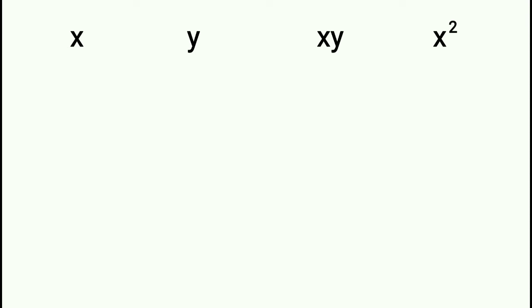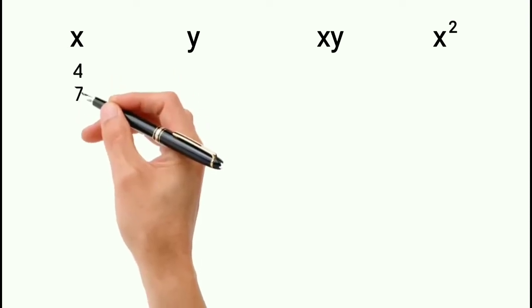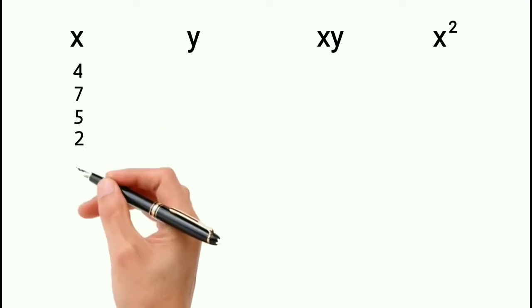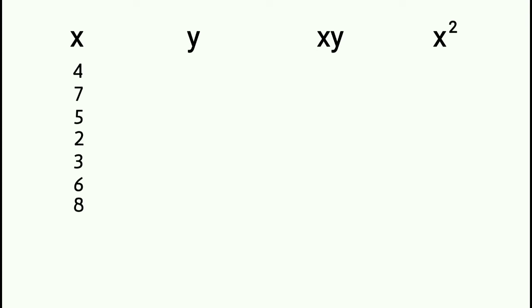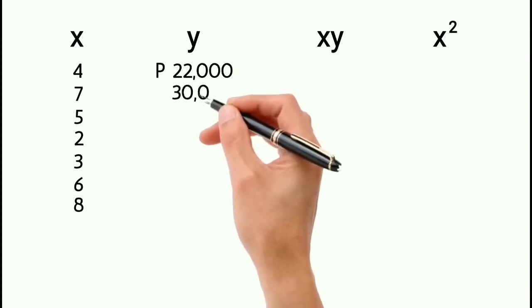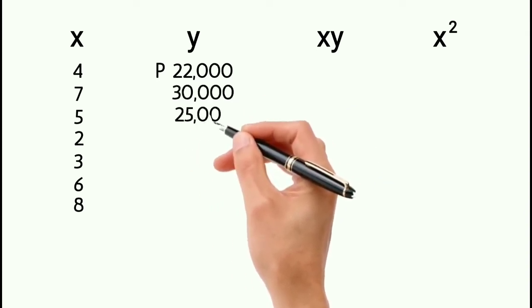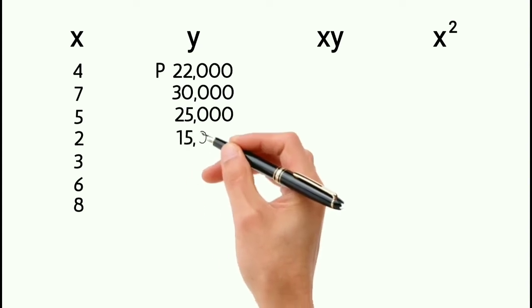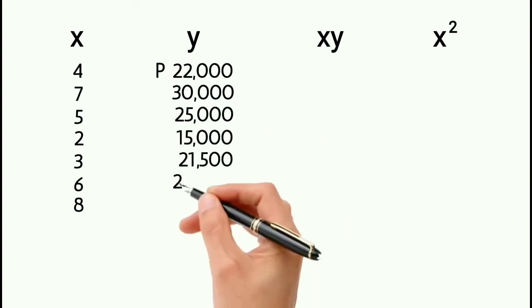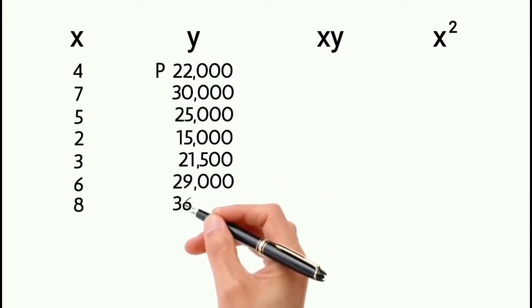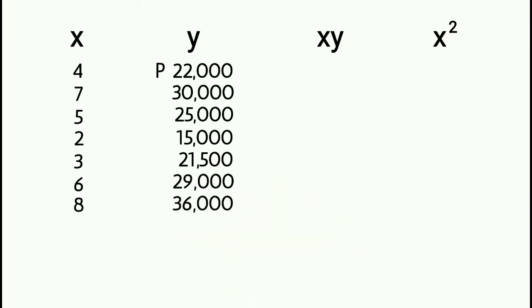Ang number of batches ay 4, 7, 5, 2, 3, 6, and 8. Ang electricity cost naman ay 22,000 pesos, 30,000 pesos, 25,000 pesos, 15,000 pesos, 21,500 pesos, 29,000 pesos, and 36,000 pesos.